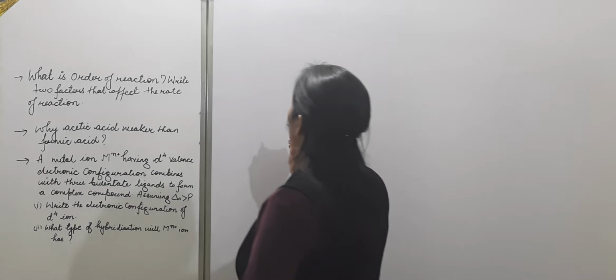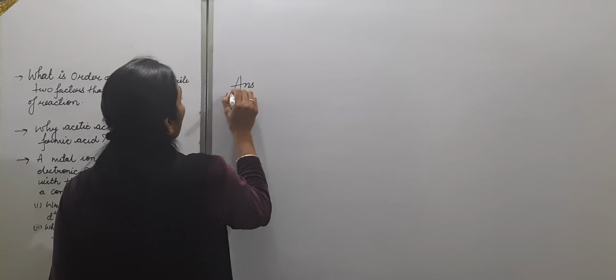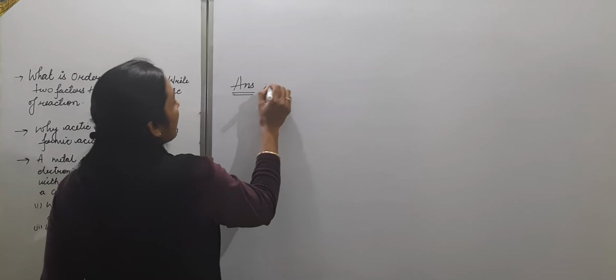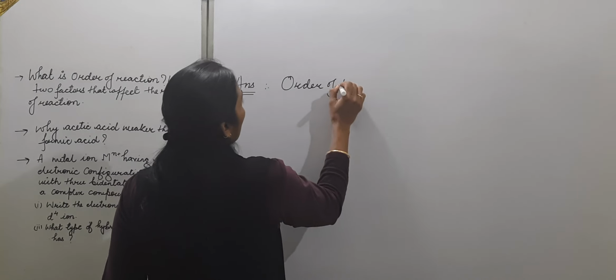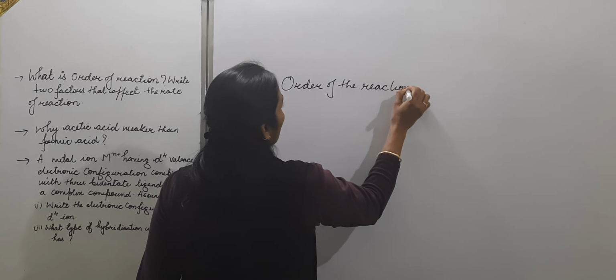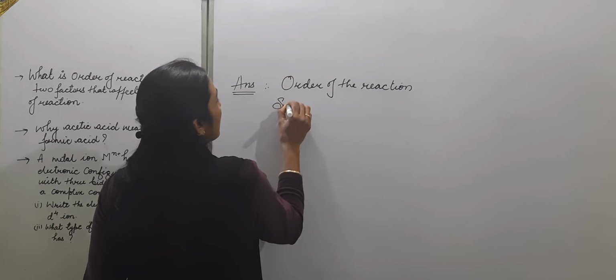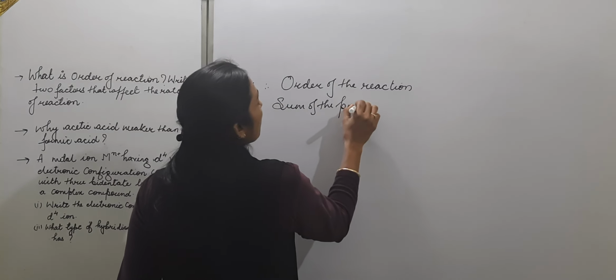So how can we write the answer for this? The answer for the first question, that is the order of the reaction. We can say: sum of the powers. किसकी powers लेनी है?